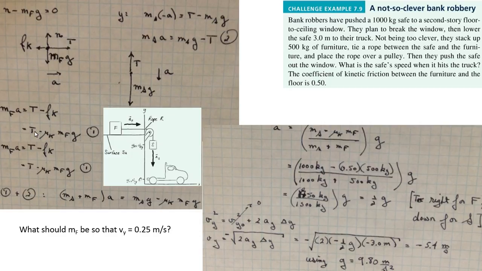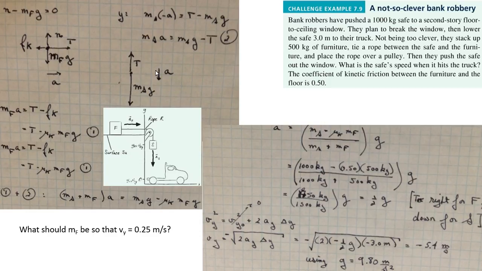So that's equation number 1, which is the Newton number 2 for the furniture, which I think I wrote twice, so my apologies for that.